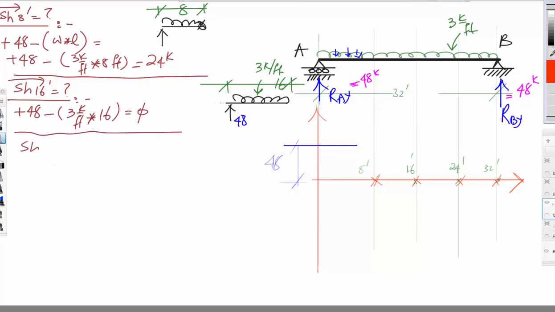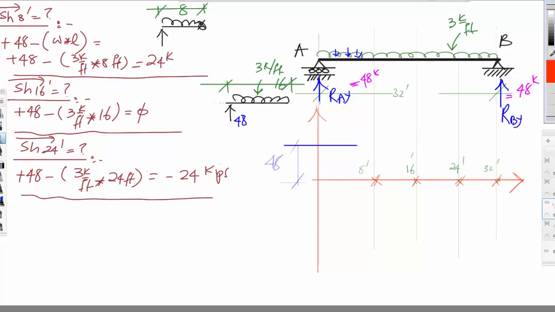Now shear force from left at a distance of 24 feet is equal to how much? The sketch is the same, so it will be again plus 48 minus W, which is 3 kip per foot multiplied by 24 feet, equal to minus 24 kips. Watch the unit: it is kips, there's no feet in it.